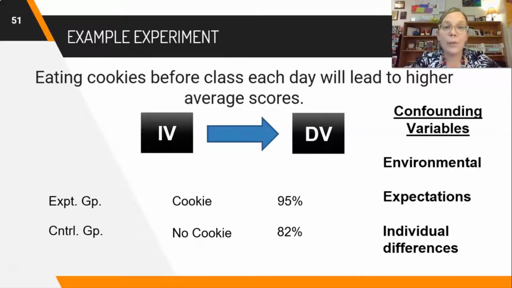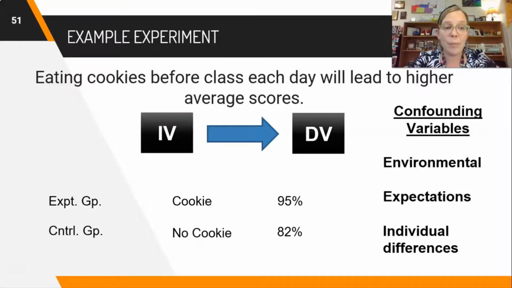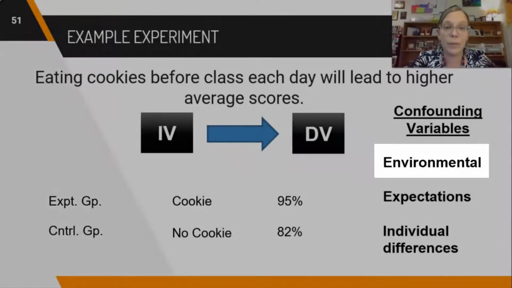And when you think of moles, the official term for that is what we call confounding variables. A confounding variable is an outside variable that has nothing to do with the independent or dependent variable that could influence our results in some way. So take, for example, the first example here, environmental variables.